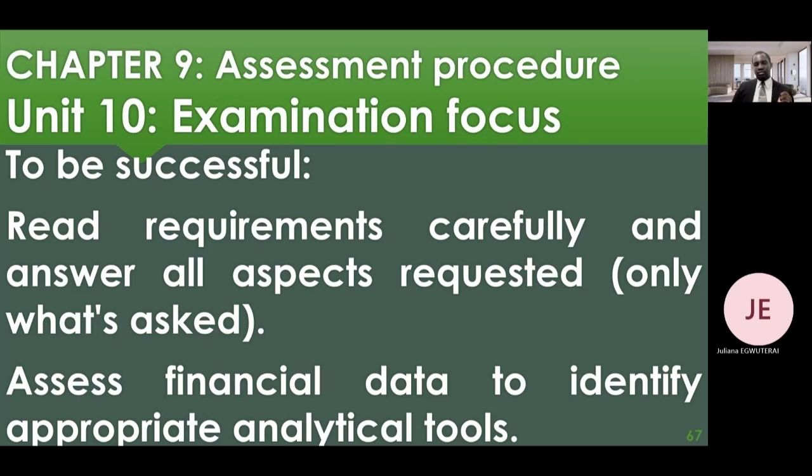Assess financial data to identify appropriate analytical tools. So the ratios and the financial statements provided to you, the requirements will tell you what ratios to use, what models to use, what strategic or performance management tool to use. Assess the financial data, even if you are not expressly told to use NPV.